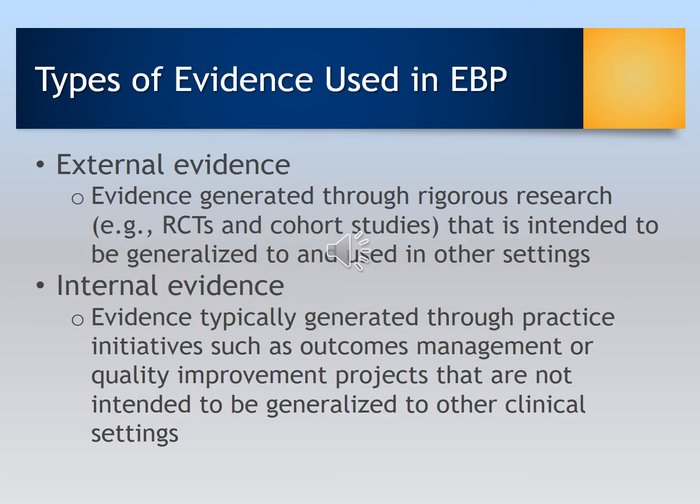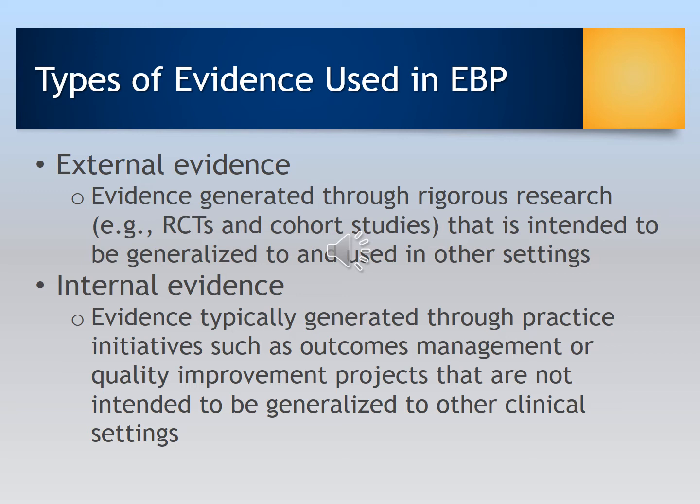There are two broad categories of evidence, external and internal. External is what you read in the literature that's generated from very specific types of research, randomized controlled trials, descriptive studies, and those are types of studies and findings that are meant to be applicable and applied in various settings.